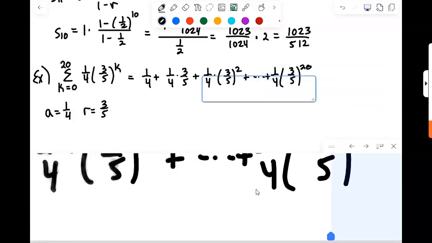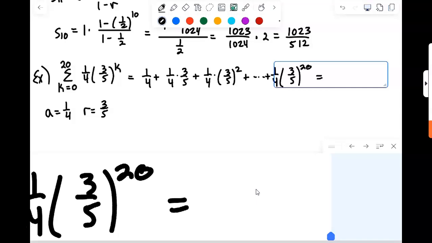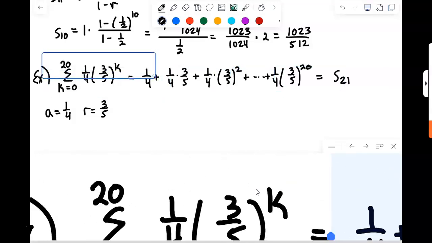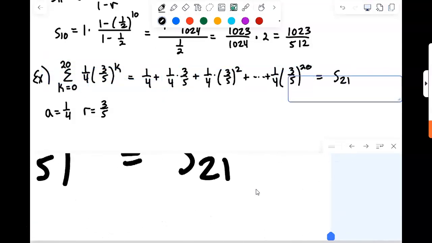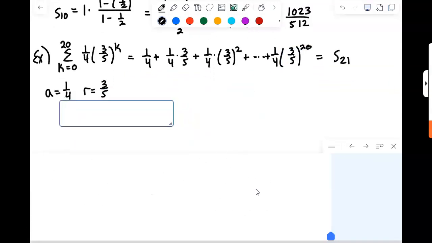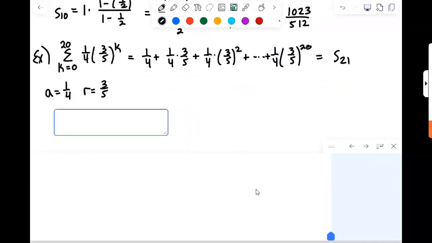Realize that this is S sub 21. This is the sum from 0 to 20, that's going to be S sub 21. So we have to use n equals 21 when we pull in that formula.